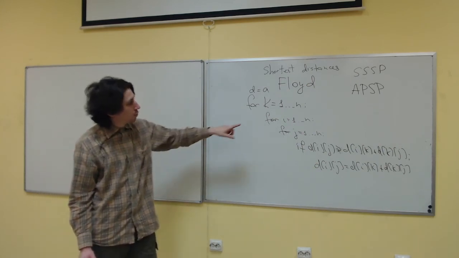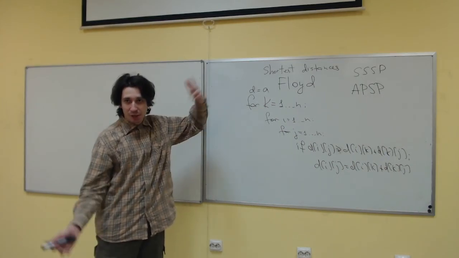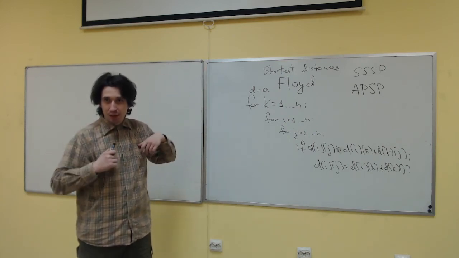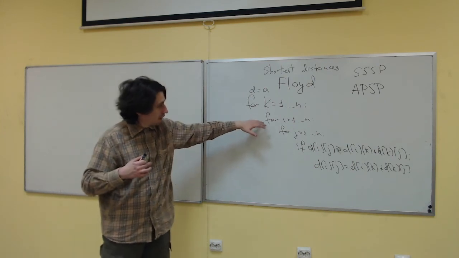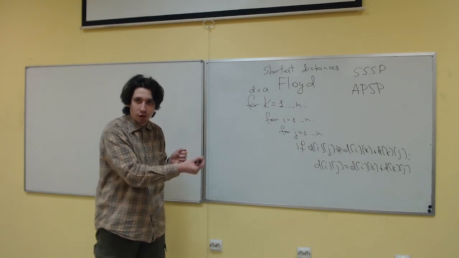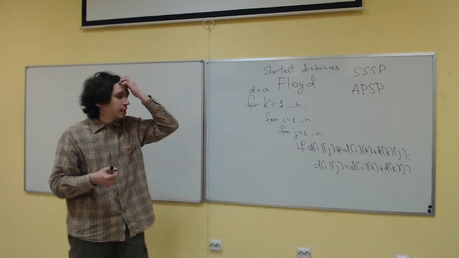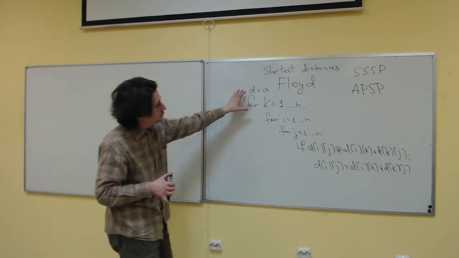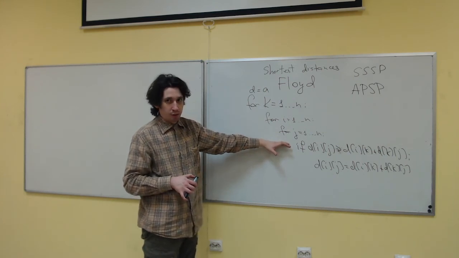You possibly wonder why k is outside, because if we remember what we had in the dynamic algorithms, we just have for i, for j, and k, like kind of the middle vertex, as an inner step. However, if you put it here, it will not work.